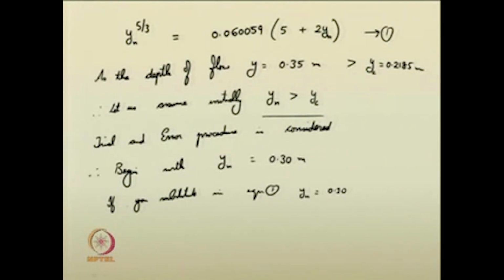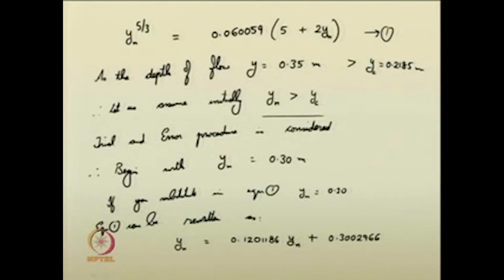Equation 1 can be rewritten as y n is equal to 0.1201186 y n plus 0.3002966, the whole thing raised to 3 by 5.